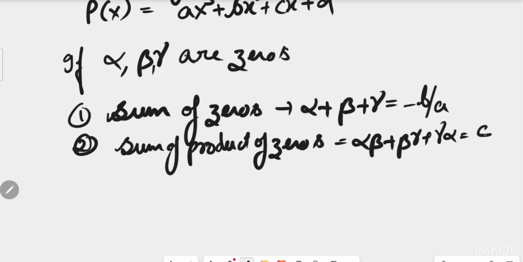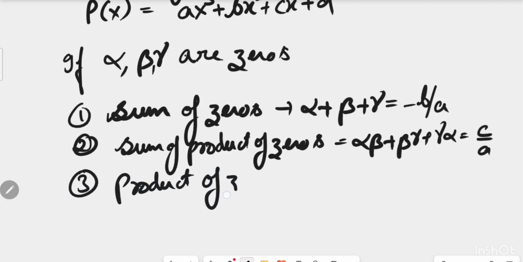It will be c by a. And the product of zeros, alpha beta gamma, is minus d by a.